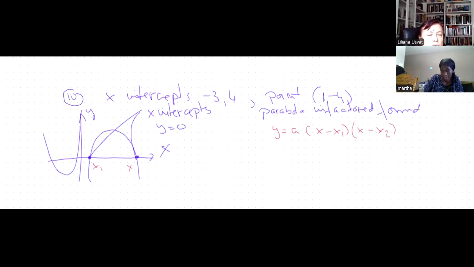In our case, one is -3 and the other one is 4. Then we insert the point instead of x and y, and we find a. A is called the leading coefficient.